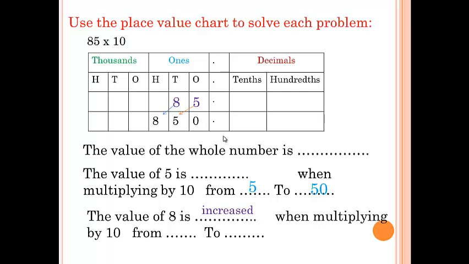Yes, increased. The value of 5 here, increased or decreased? Increased. From where to where? 5 to be 50. The value of 8 is increased because we are multiplying, but where? From where to where? 8, 80, 80 to be 800.